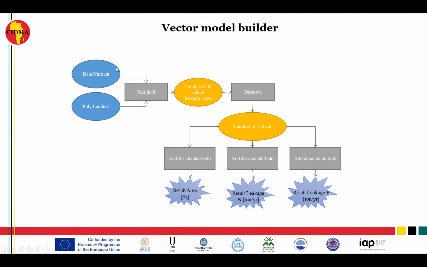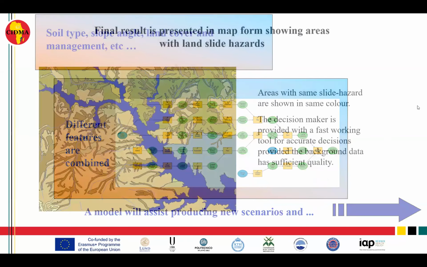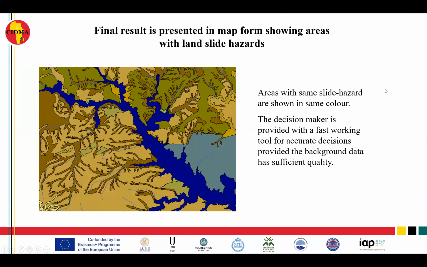Maybe we see that we have other nutrient data types. Then you can just update this table and run the model again, and your results will be updated. So you don't have to do everything again. That's a good part of a GIS program. Not all programs can handle this, of course. So that would be maybe the results from a complex model.